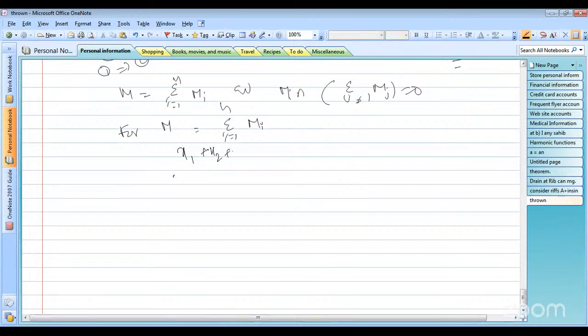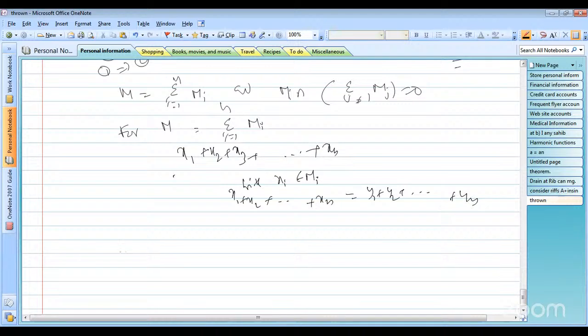x1 plus x2 plus x3 and so on plus xn, where xi belongs to Mi. Suppose also x1 plus x2 plus and so on plus xn equals y1 plus y2 plus and so on plus yn. We know that Mi intersection the sum over j not equal to i of Mj is 0.